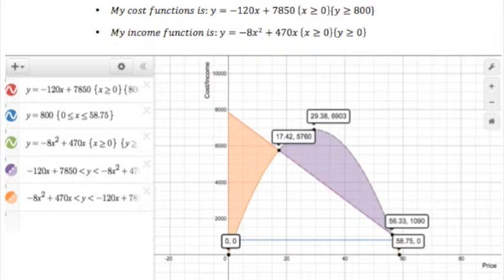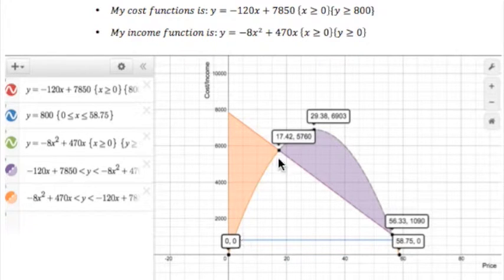If we go down to the third column, it is shown by a green line, and the green line shows my income function. My income function was -8x² + 470x. The fourth column is shaded purple, and I'll explain more about why it is shaded purple later in the conclusion, and also why it is shaded orange here.